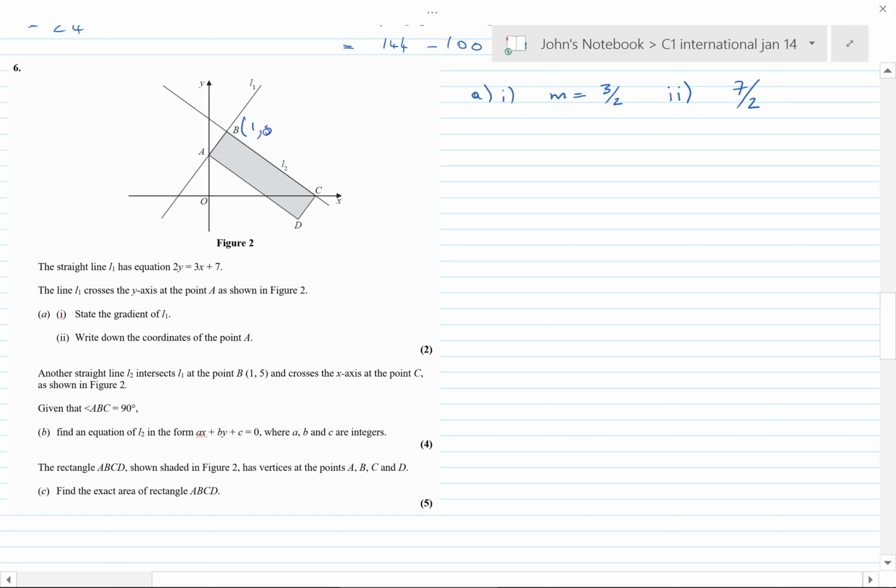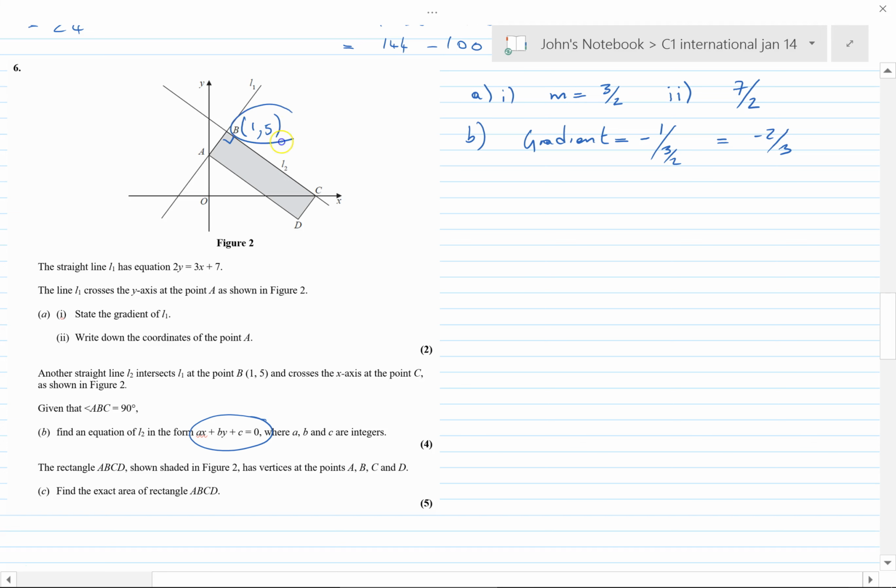Okay, another straight line, L2, intersects L1 at 1, 5. So that's the point 1, 5 at point B, and crosses the x-axis at point C, as shown in the diagram. Given that this angle is 90 degrees, find an equation. Right, okay. Well, we know the gradient of L1, and L2 is called L2, so the gradient of L2 is minus the reciprocal, so it's minus 2/3.